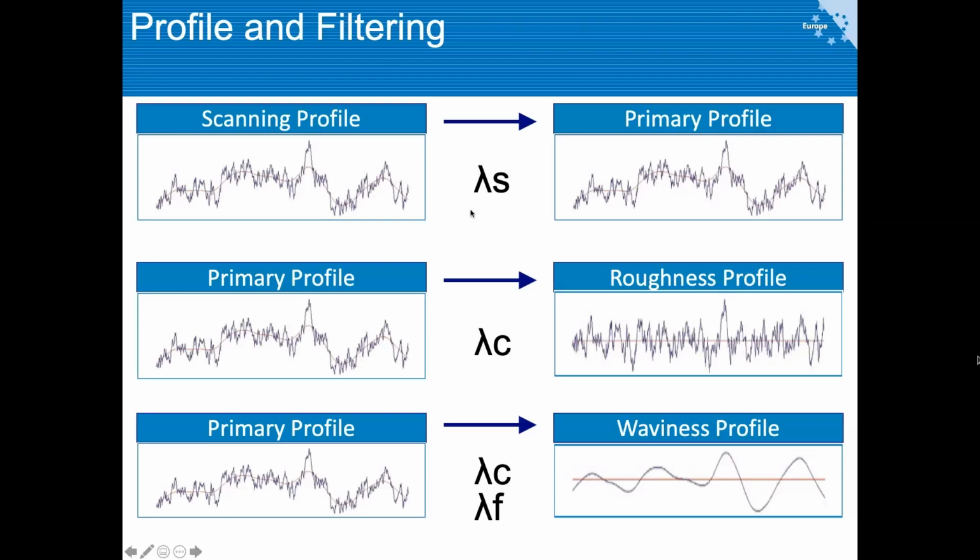This is this lambda S. It is a noise removal filter. So usually you, as a person who measures the surface, won't even notice that this filter was applied, because it goes without saying.